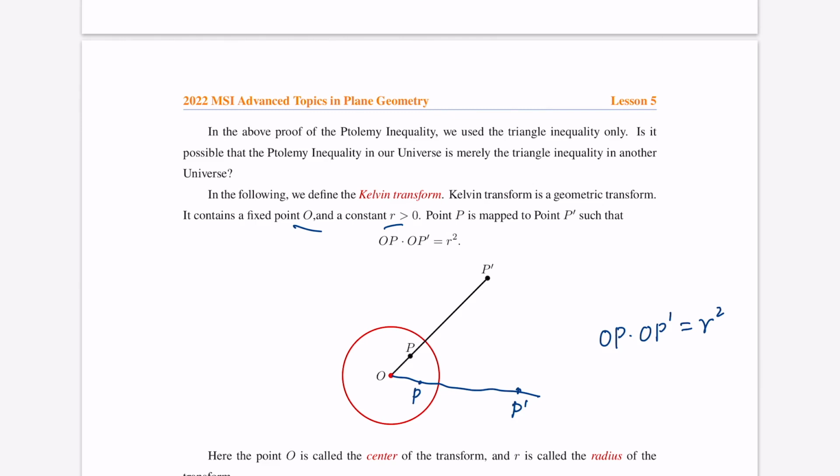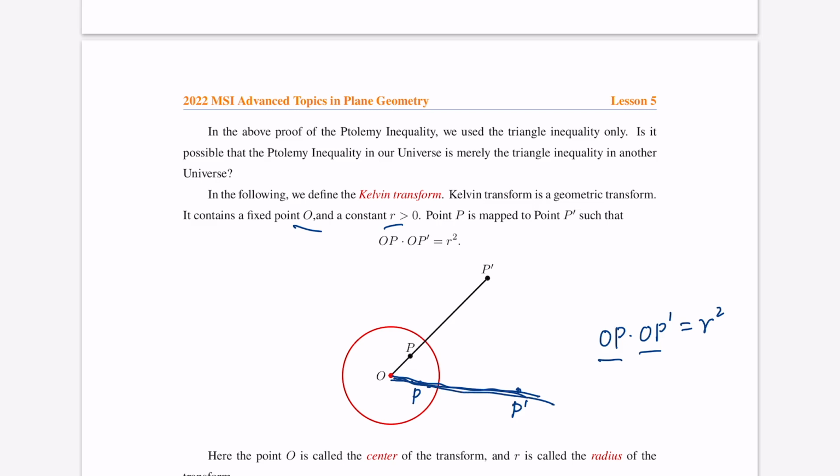And as you can see, I can always do that. I'm not going to go to the other side; you can define a negative Kelvin transform, that's fine, but everything is on one side only in my lecture. It's called the Kelvin transform because for any point P, you can find the P prime. Remember, this line is obtained by just connecting OP and extending it.